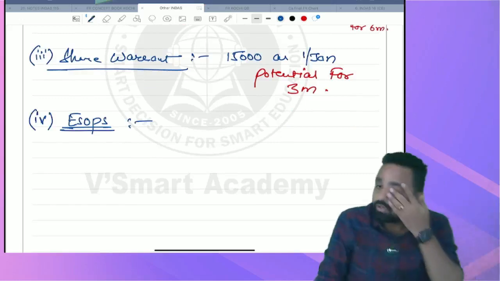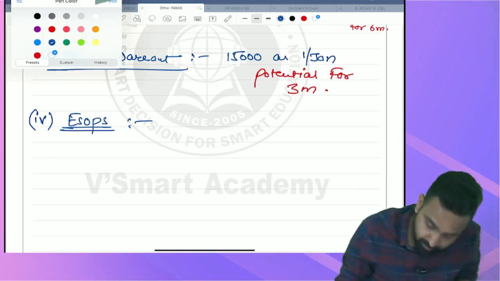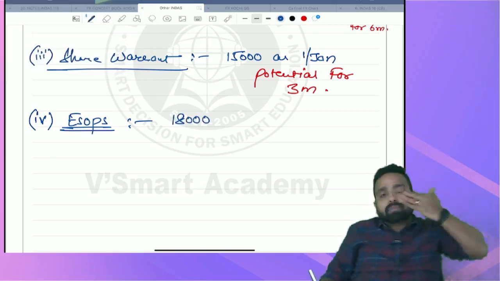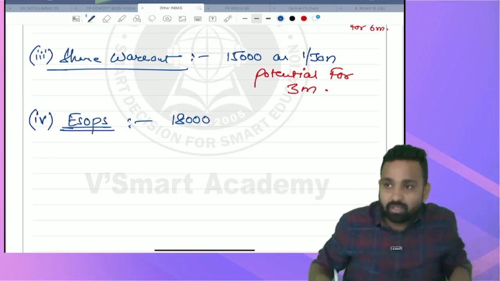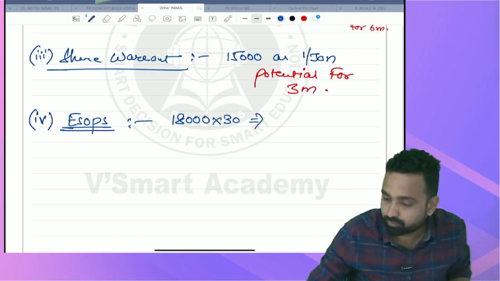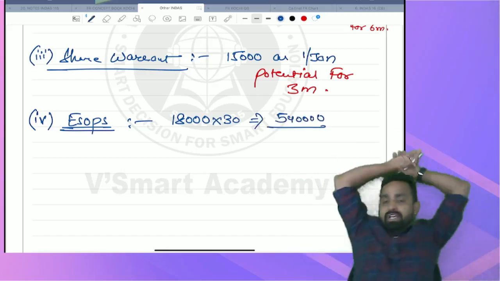Last, ESOPs. How many ESOPs are outstanding during the year? 18,000. At what exercise price? 30. Multiply by 30, how much funds do we get? 5.4 lakh.